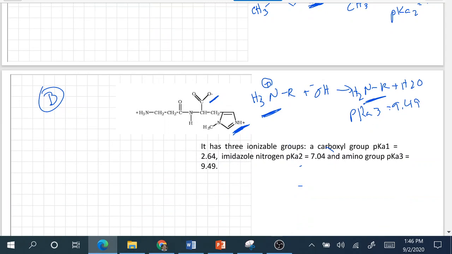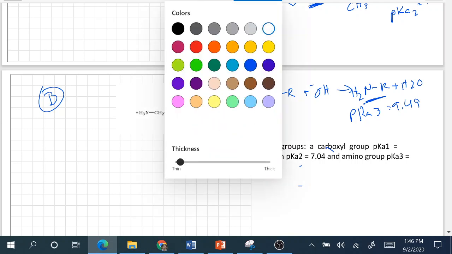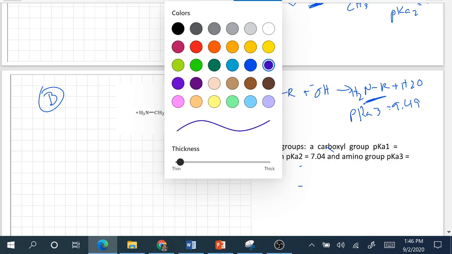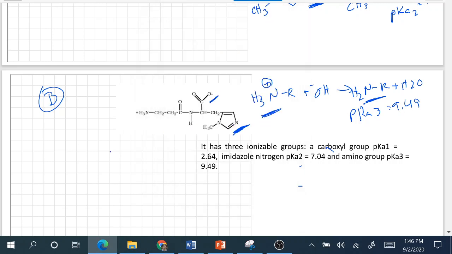Let's get a white. Alright, so this hydrogen is gone, and that group is now neutral. So what do we know? We know now that this oxygen has a negative charge, this NH3 has a positive charge, and this molecule overall then becomes neutral because the charges balance each other out.